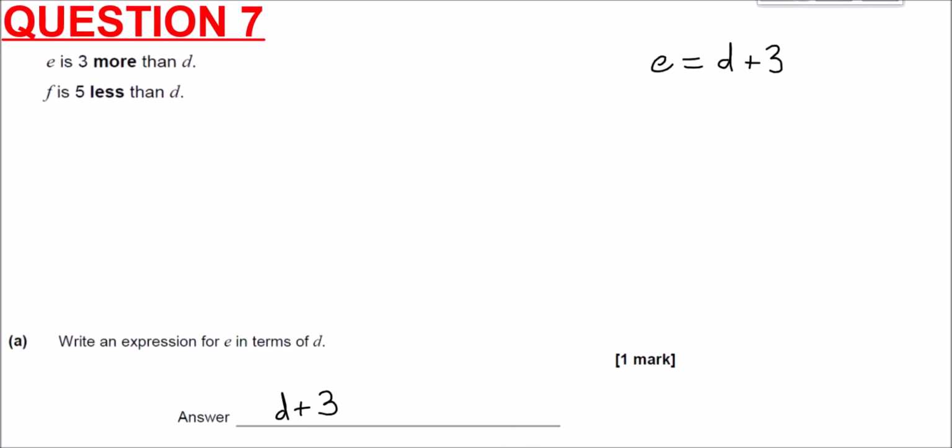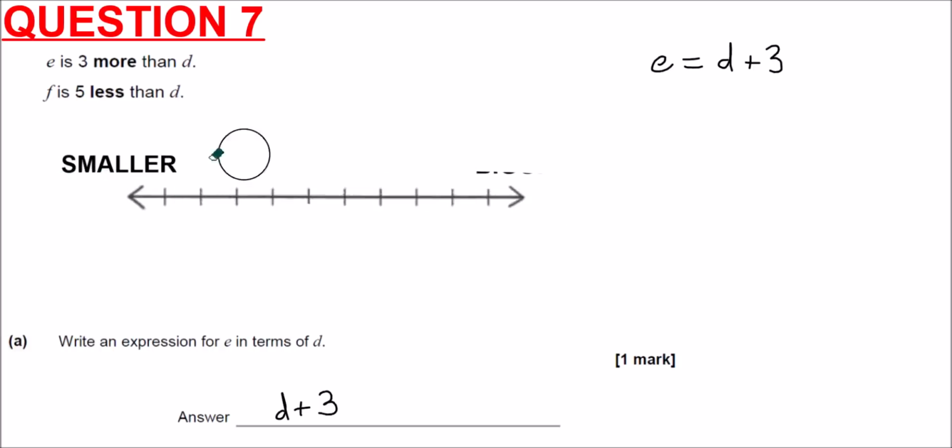Another way of thinking about question 7, obviously we've got the answer that E is D plus 3. But we could picture it as well on a number line. So if we just imagine a line where we've got smaller numbers down on the left and bigger numbers on the right, and we've got D somewhere in the middle, then if we're told that E is 3 more than D, what that would mean is that E is 3 to the right of D. So 3 more than D would be 1, 2, 3.